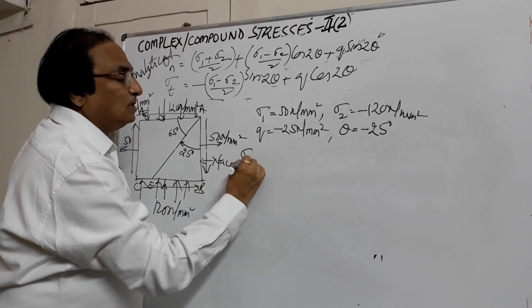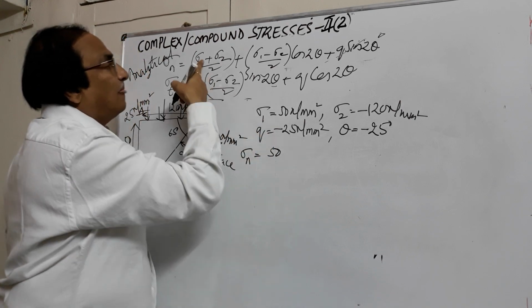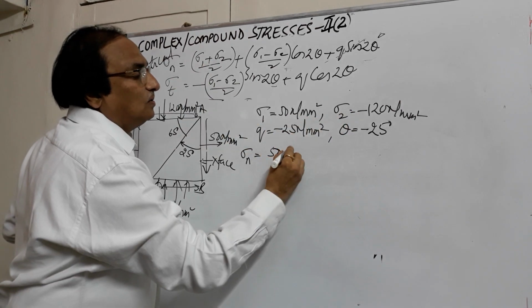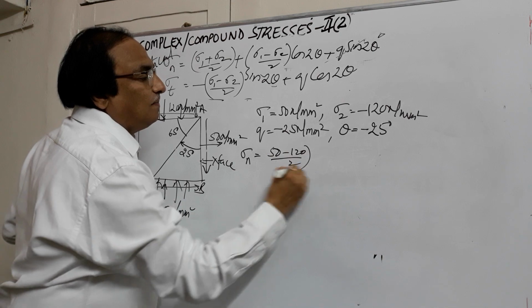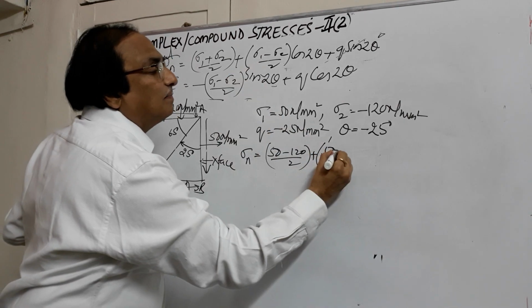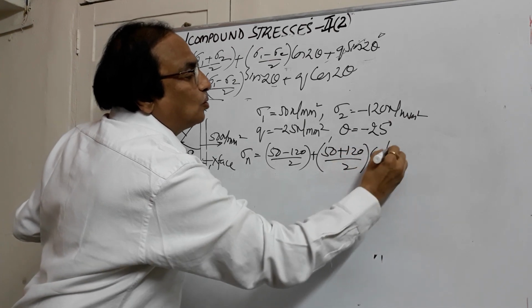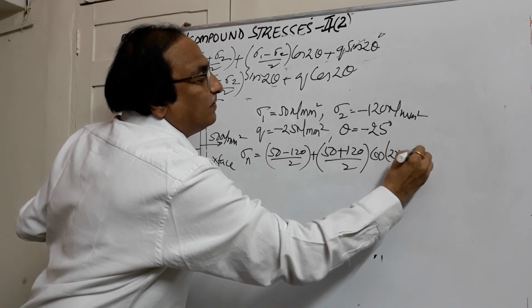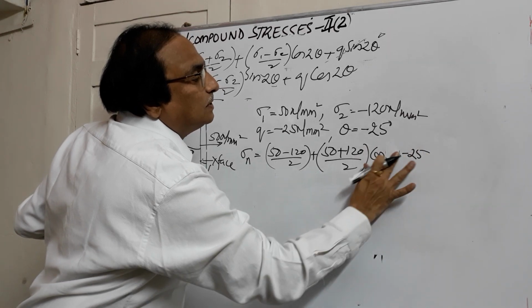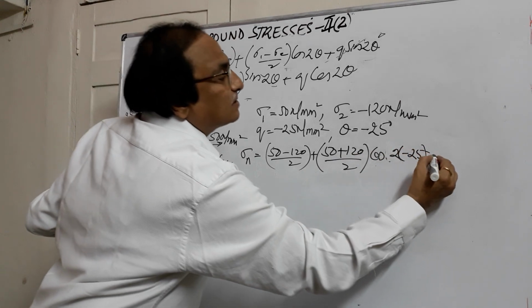If you substitute in the formula, sigma n is equal to, let us substitute, 50 plus minus 120 divided by 2, plus 50 minus minus 120, which becomes plus 120, divided by 2, cos of 2 into minus 25, plus q.